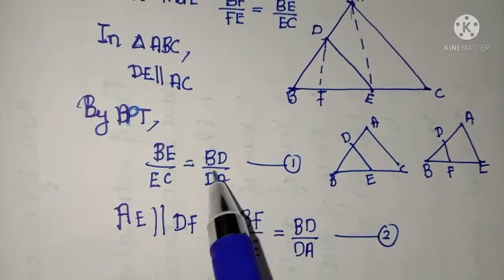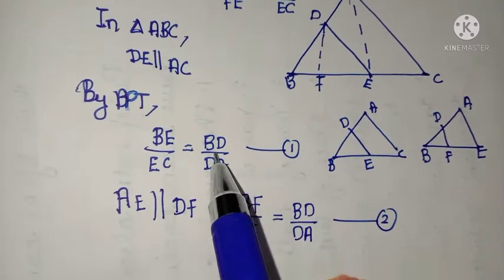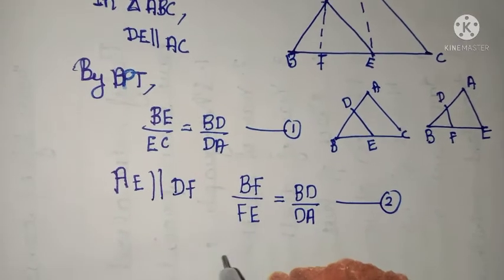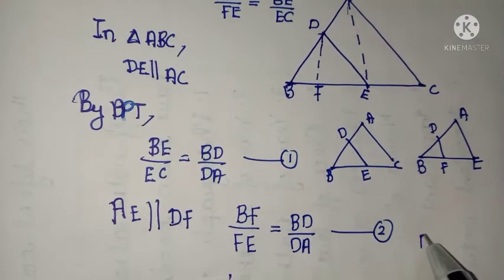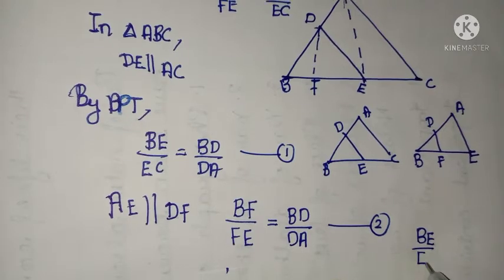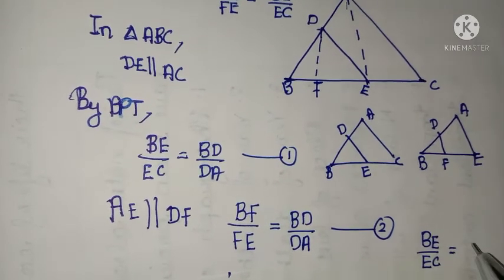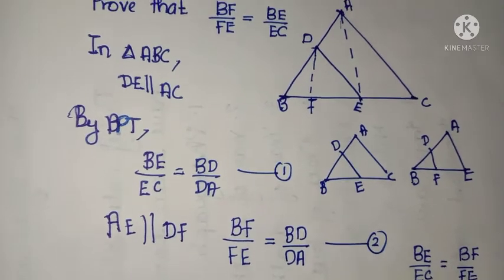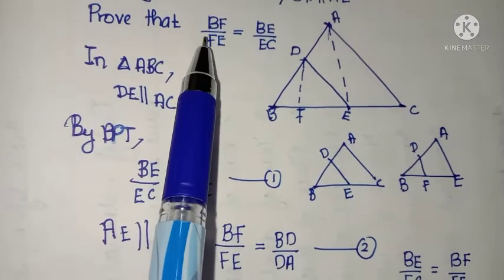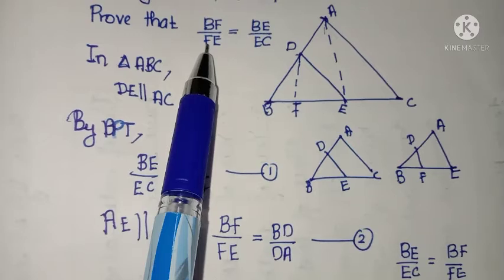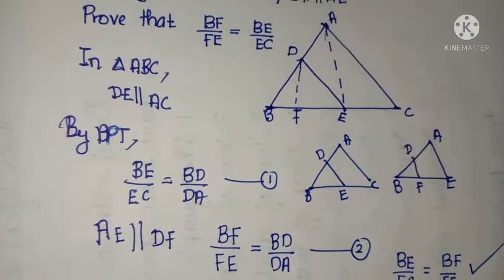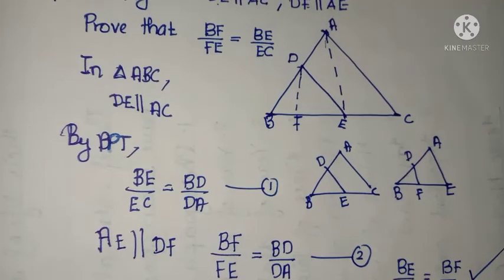Here RHS are equal. If RHS are equal, then LHS also. So BE by EC is equal to BF by FE. Now BF by FE is equal to BE by EC. So we proved it.